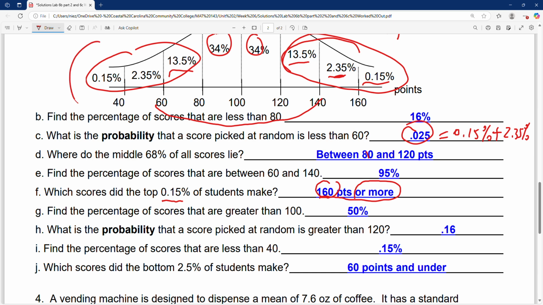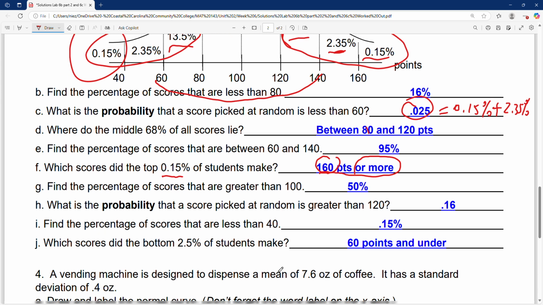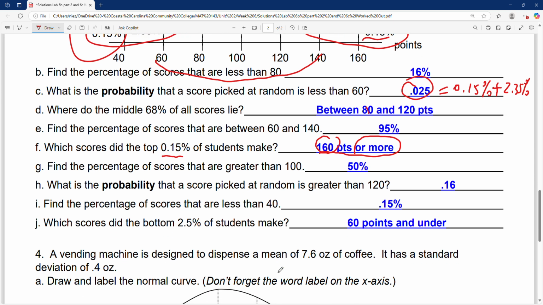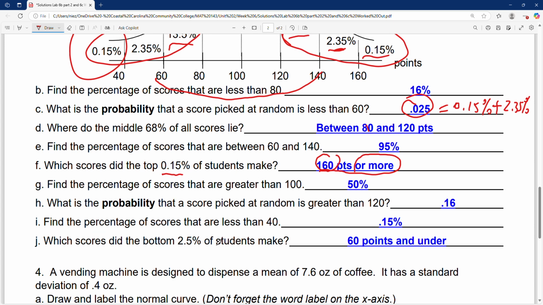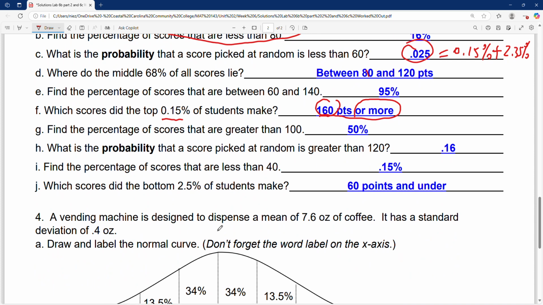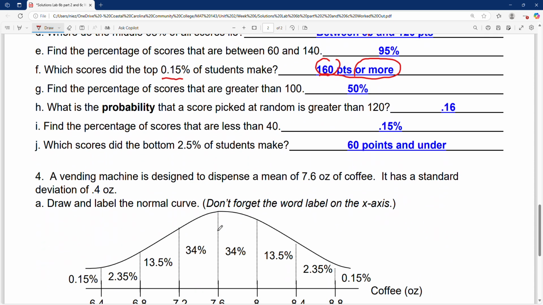You can just read it from this graph. What scores did the bottom 2.5% of students make? Bottom 2.5% is 60 points and under. Do not just write 60 points.